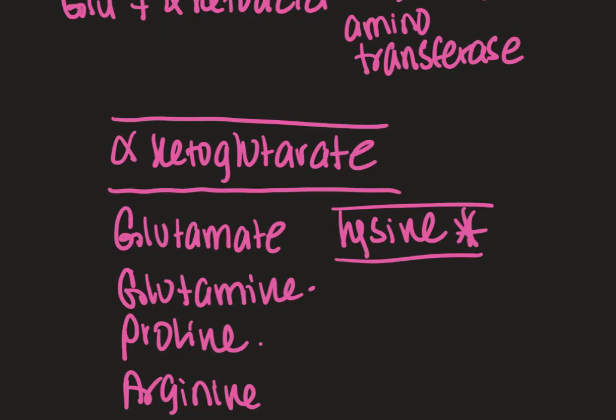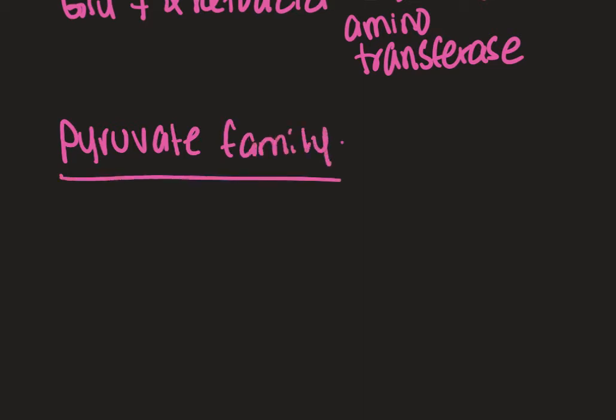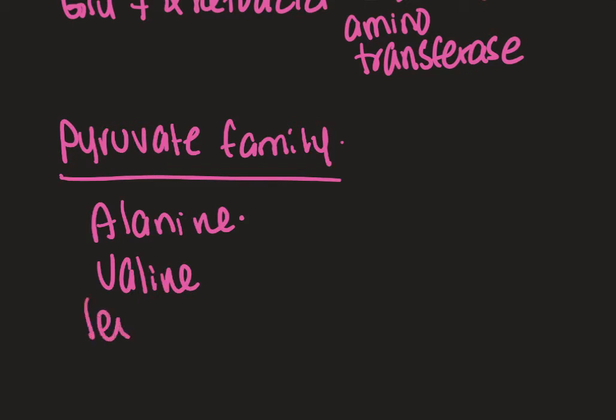So this is not in humans. Another one that I want to mention are the amino acids from the pyruvate family, and these include alanine, valine, and leucine.